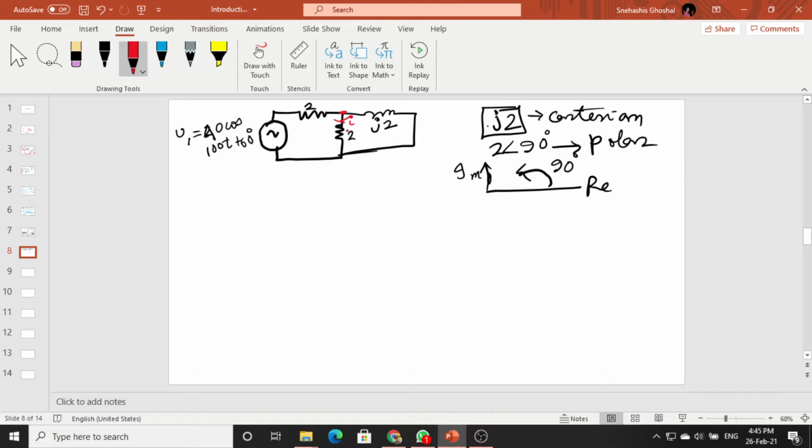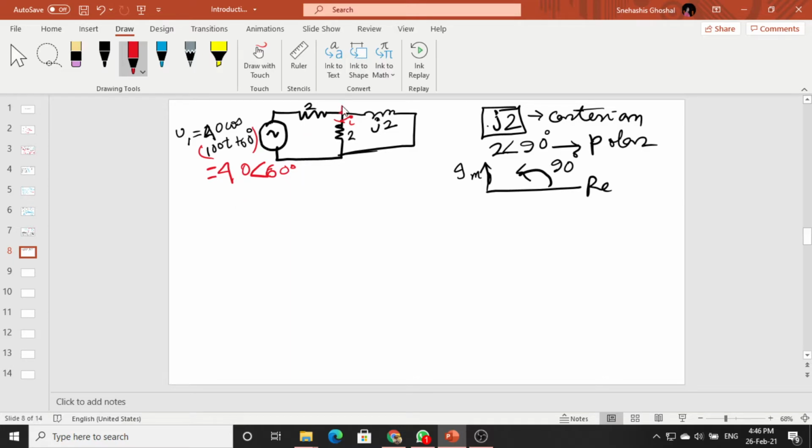There is one node here, and this node is the ground node. There are no other elements. So 40 cos(100t plus 60 degrees) is represented as 40 angle 60 degrees.